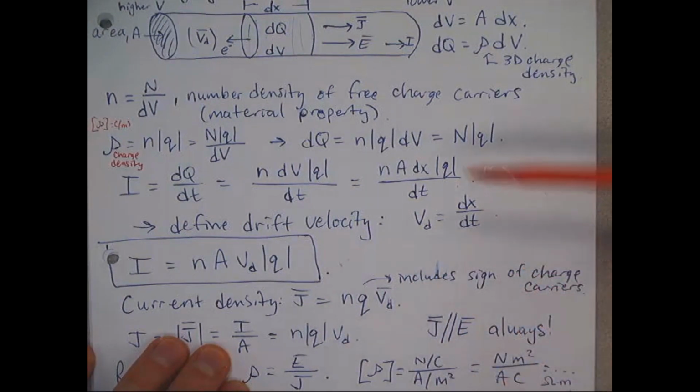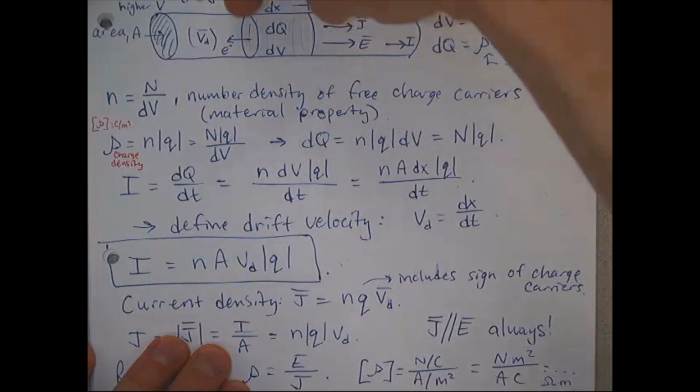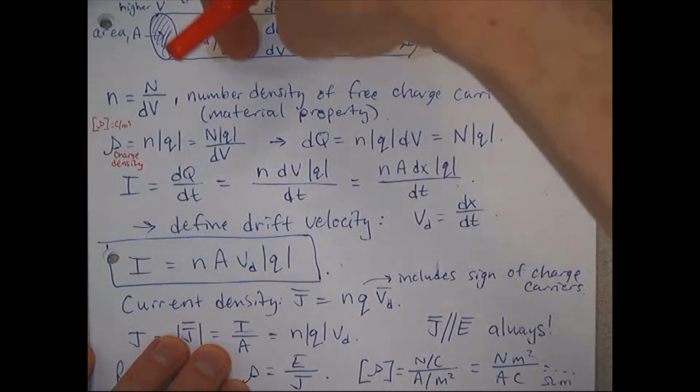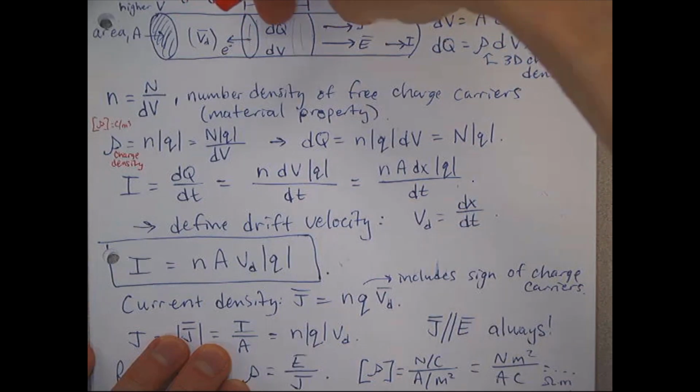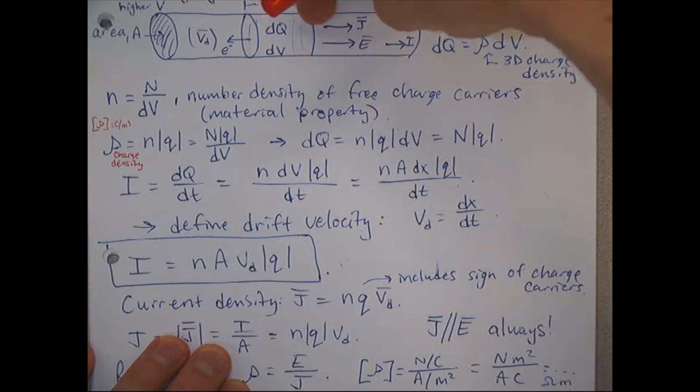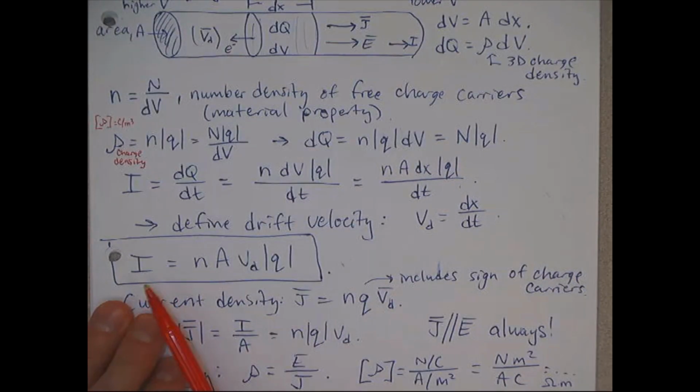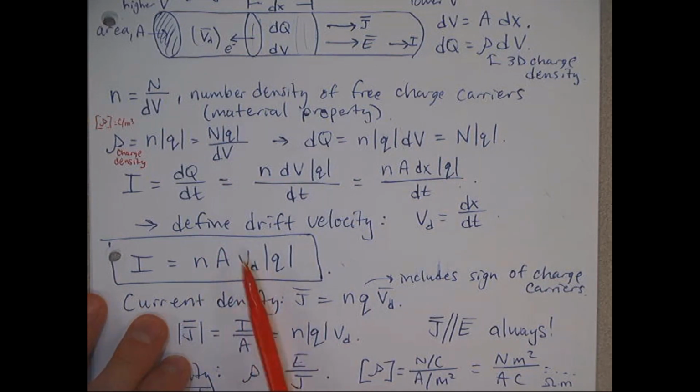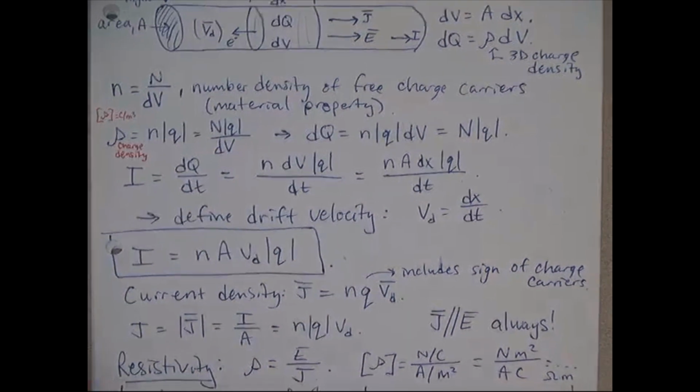The drift speed is simply dx dt. If you follow this chunk of free charges, it's going to drift through the circuit. The current is therefore defined in terms of that drift speed as the number density of free charge carriers times the cross-sectional area of the wire times that drift speed, v_d, times the charge of each.